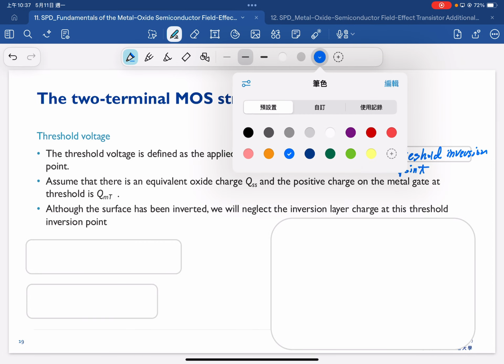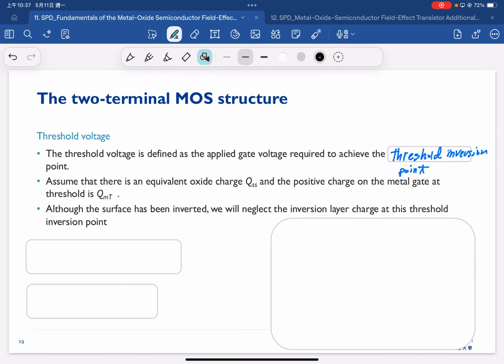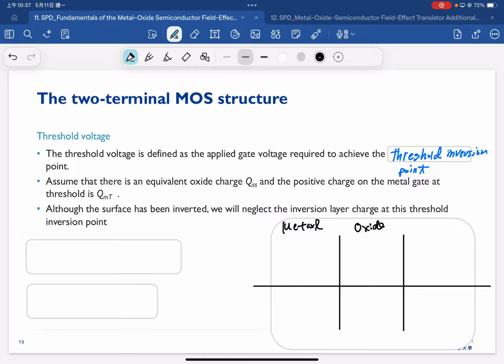We can still use a charge distribution. This kind of analysis helps us to understand. Still, we assume that there is a surface charge in the oxide.